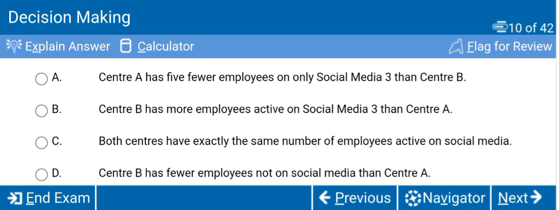Option D, Center B has fewer employees not on social media than Center A. So here we have these 4 options. So let's see which option is the correct option.